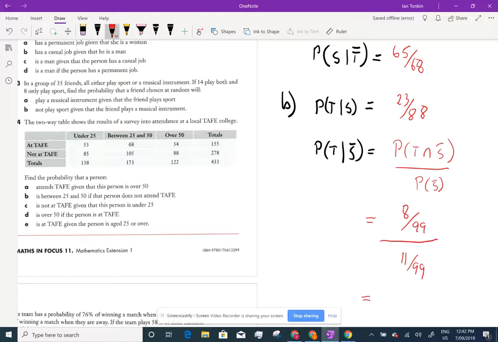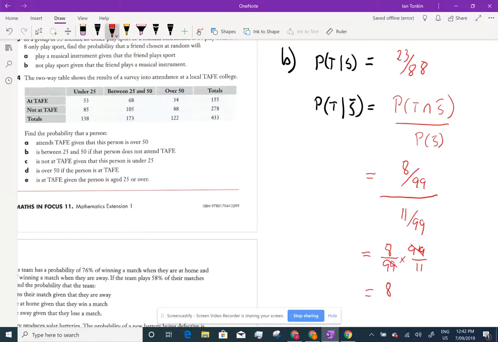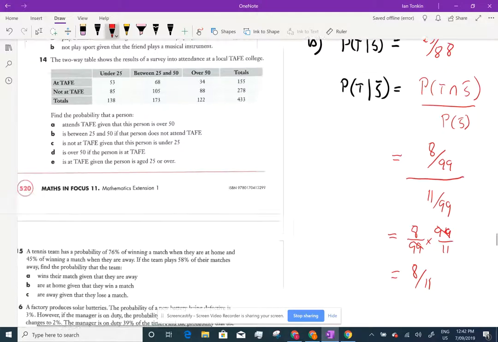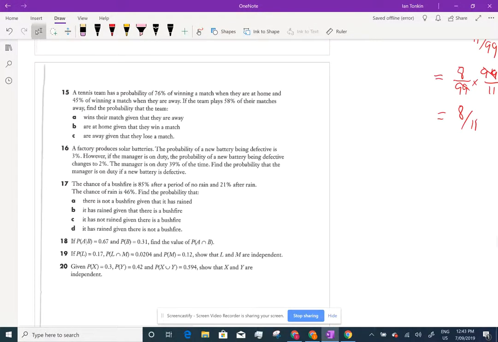And when I multiply by the reciprocal, 8 on 99 times 99 on 11, the 99s will go, and I'll just be left with 8 on 11. So the formula works. So let's try one that has a formula when we have to use it.